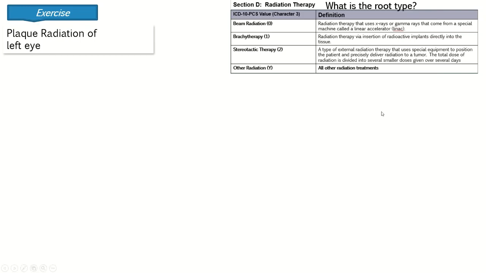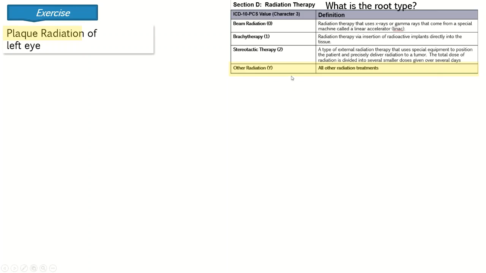I'll give you a moment. And if you said that the root type for plaque radiation of the left eye is other radiation, outstanding. There's no mention of the others, so we have to assume that it's other radiation. It's not beam, it's not brachytherapy, it's not stereotactic, so it's other.